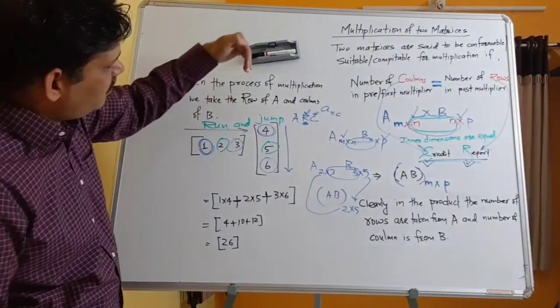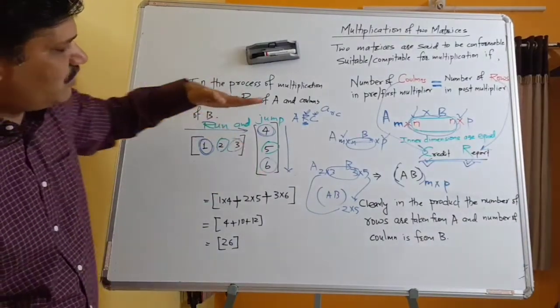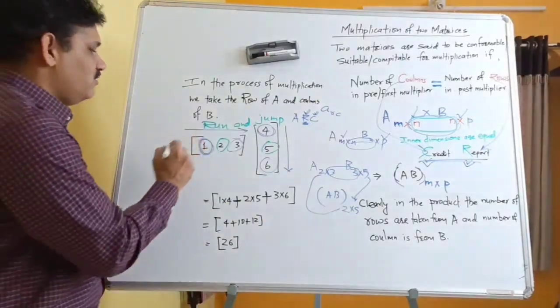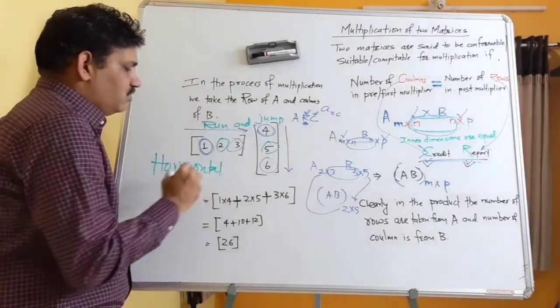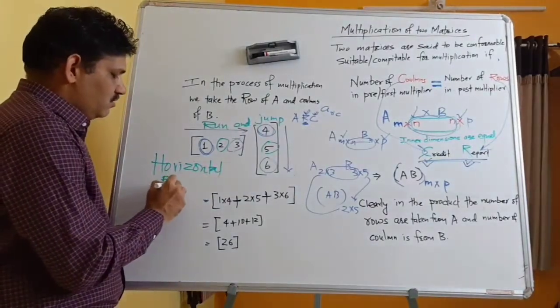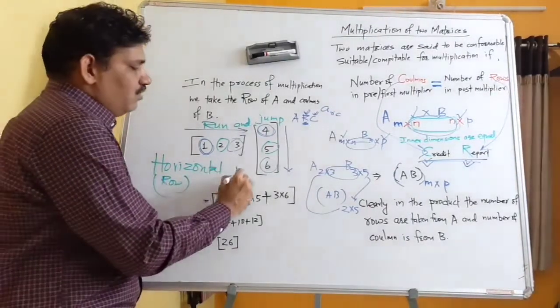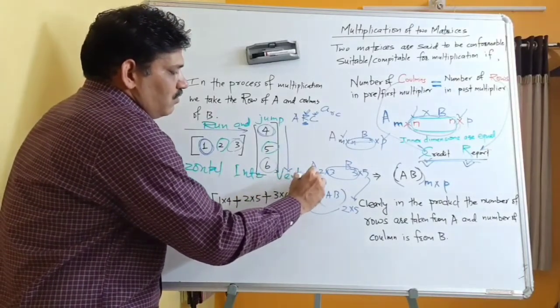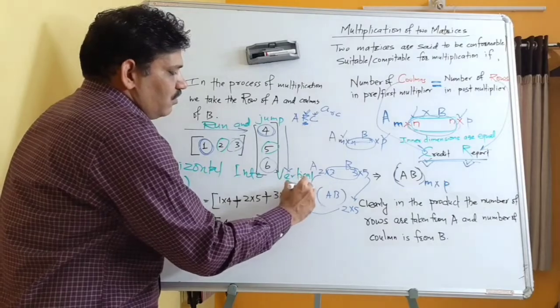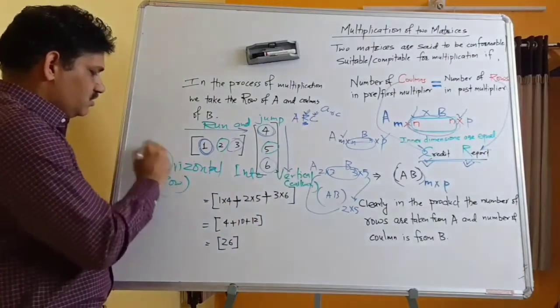Run and jump. Take the horizontal line, that is row, into vertical, that is column.